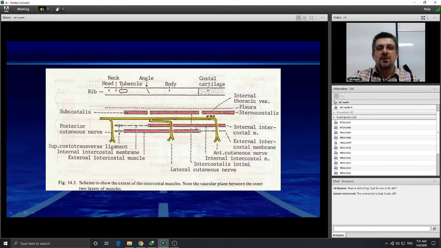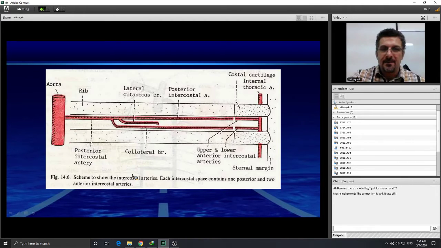As you see in this picture, the neurovascular bundle is hidden when it is between the innermost intercostal muscle and the internal intercostal muscle, if you stand in the thorax and see this bundle.